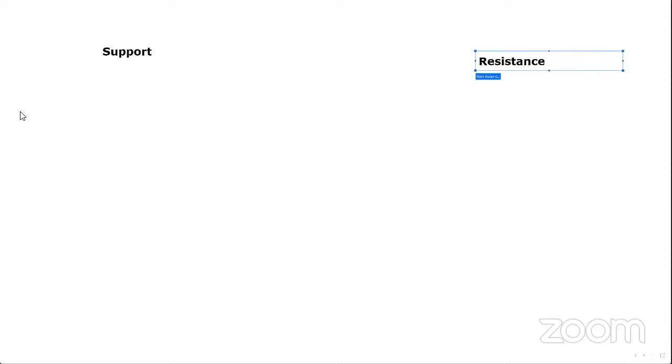There you go. We have support and resistance levels. Generally speaking, I would say that support and resistance levels are horizontal lines. They would look like this on the chart.